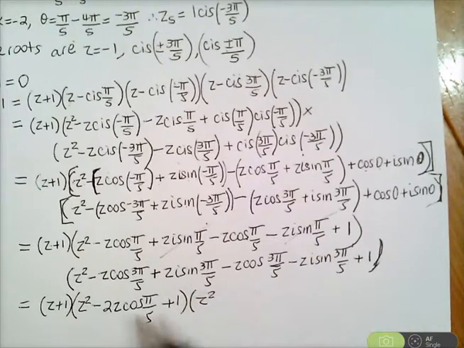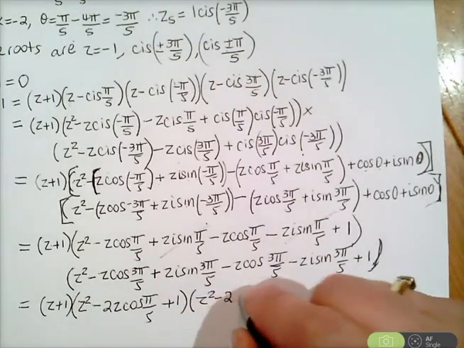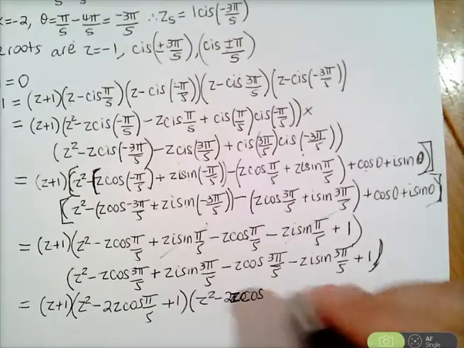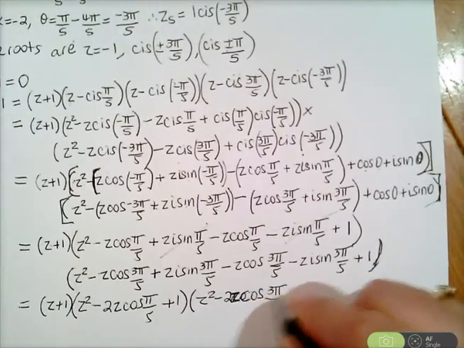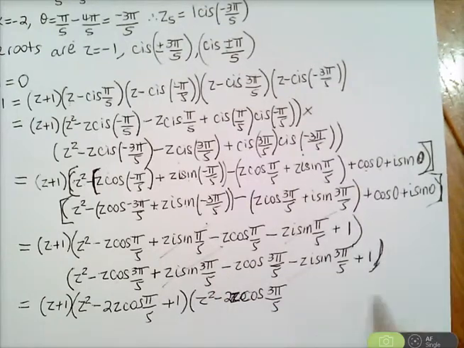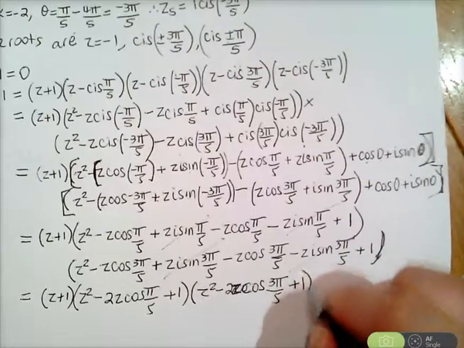And on down here, we've got z squared. We've got 2 of these. So we've got minus 2z cos 3 pi on 5. The plus z i sine 3 pi on 5 cancels with the minus z i sine 3 pi on 5. And we've got plus 1.